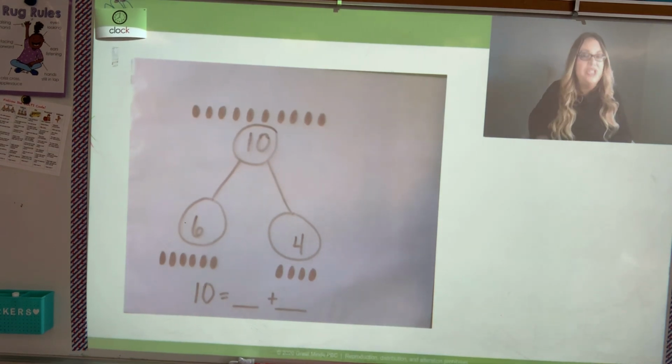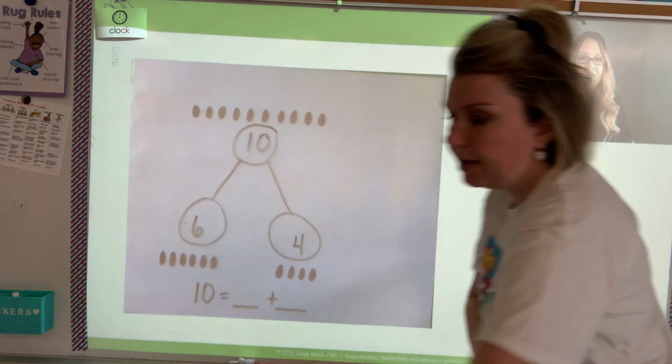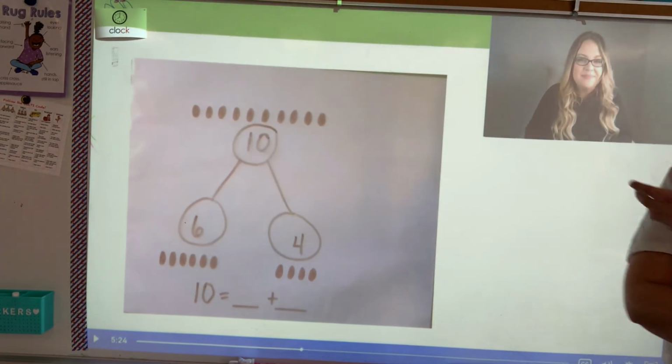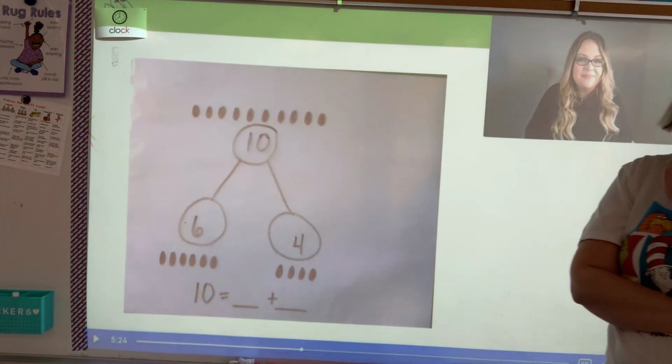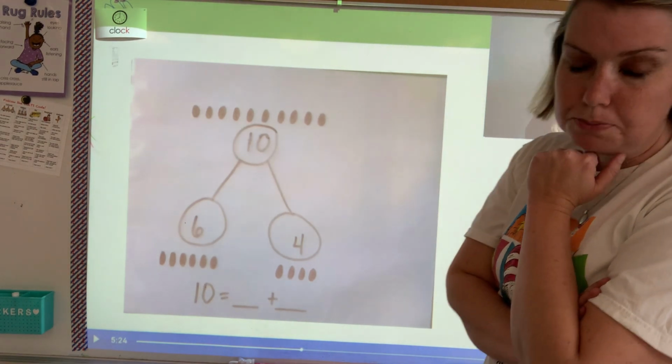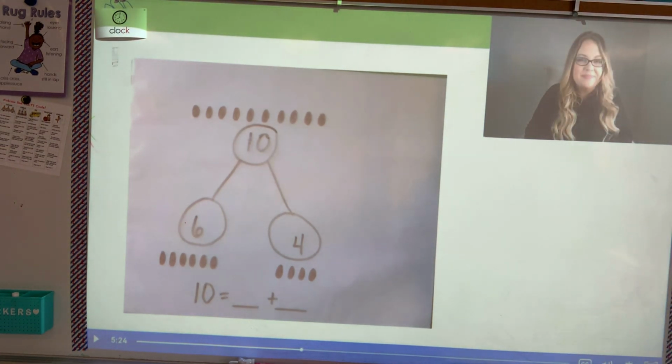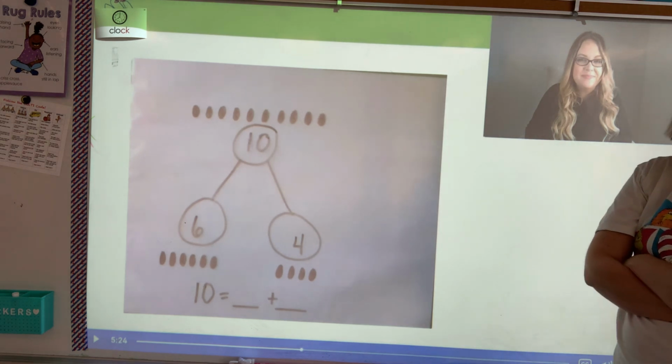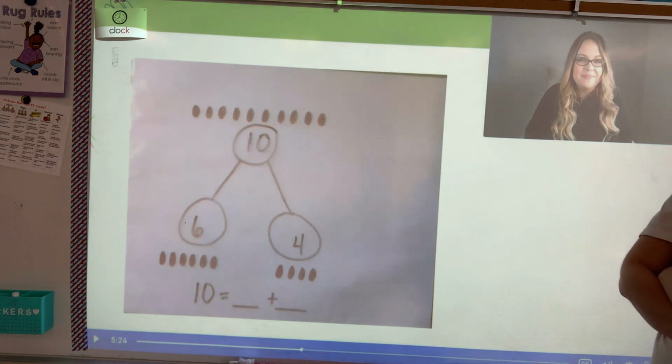How do we know which numbers should go in the blanks? Go ahead and whisper your answer into your hand. Okay, so how do we know which numbers should go in the blanks? Smriti, how do we know which numbers go in the blanks? We have our whole written, so what does that leave? 6 and 4.